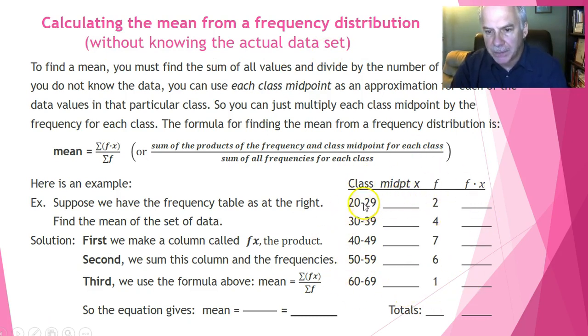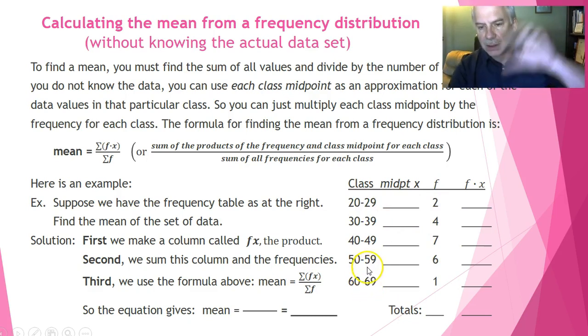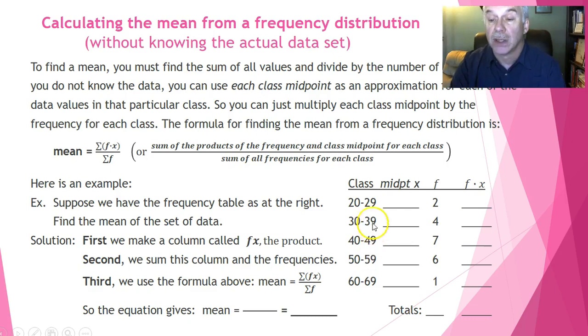Let's suppose that you had these classes: 20 to 29, 30 to 39, 40 to 49, 50 to 59, 60 to 69, and the frequencies of occurrence in those classes are 2 for the first class, 4 for the second class, 7 for the third class, 6 for the fourth class, and 1 for the fifth class. So all you have is the frequencies and the class intervals, or class limits. How can you calculate the average value from that?